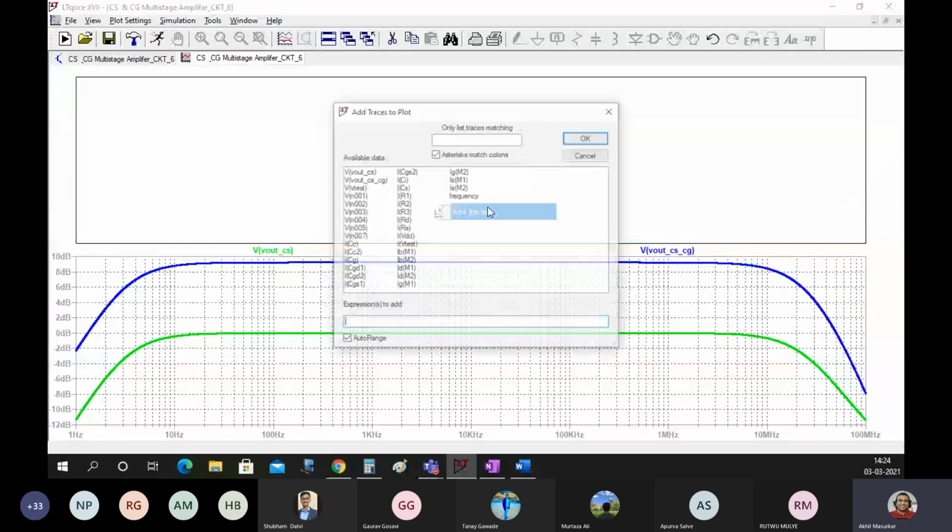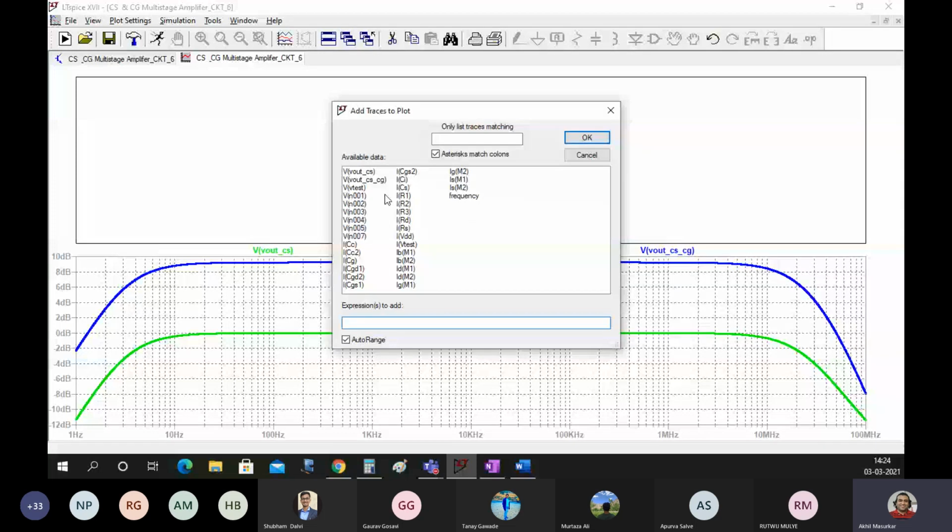So this is basically my input impedance, and input impedance was, I think, 8 kilo ohms.